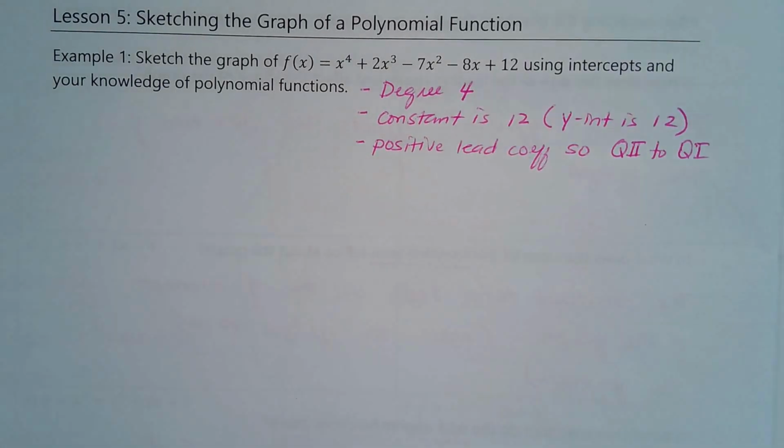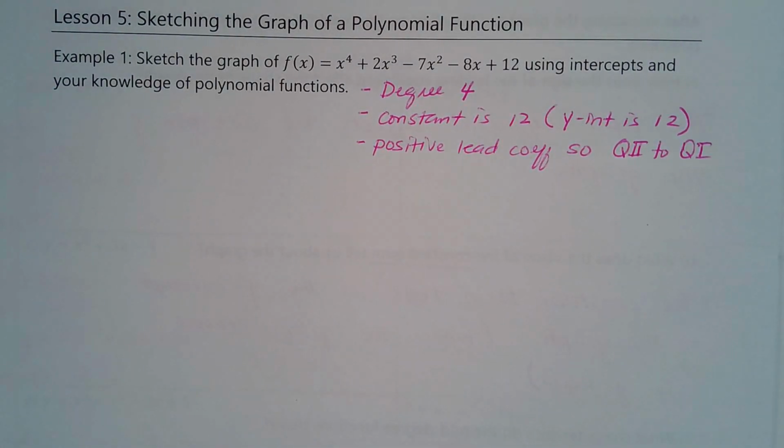So this is a type of graph that kind of goes up, arms both up. The ends go up. Those are the ones that we know of. But there's still a whole bunch of stuff that we have to figure out. So what do you think we should figure out to graph it?